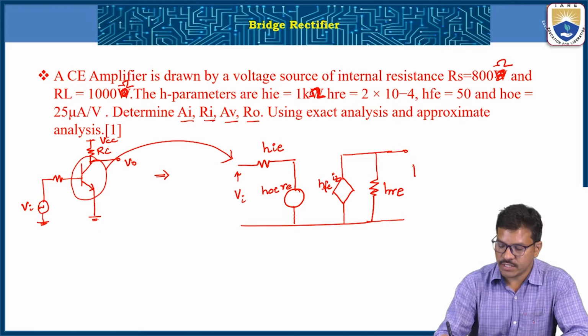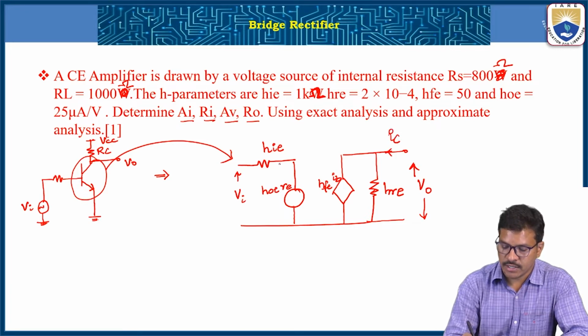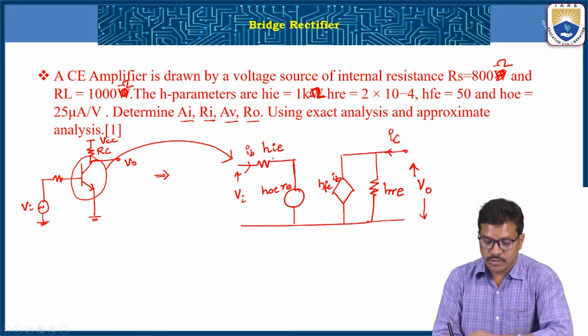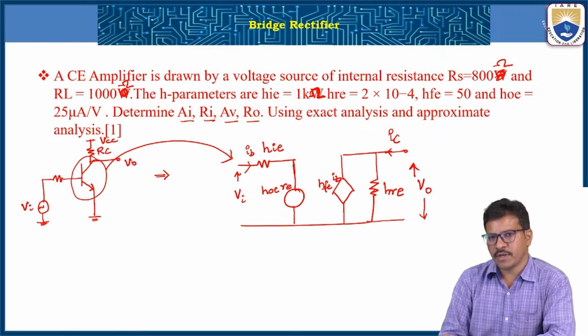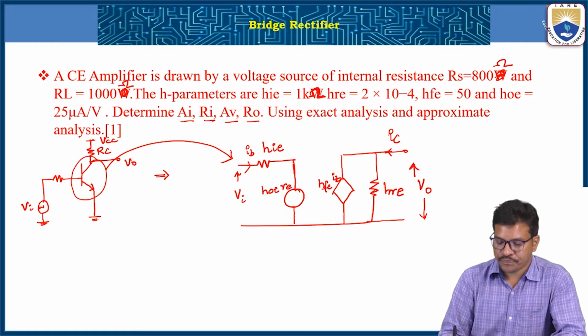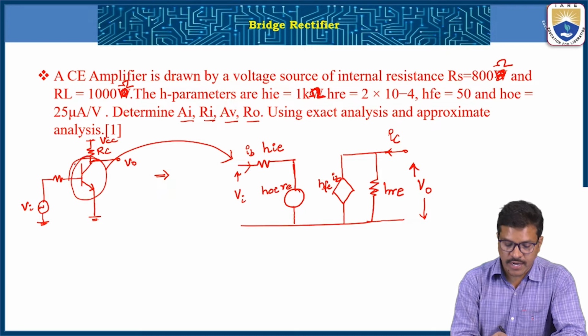So basically, this is the output voltage V2, this is the output current IC, and there is the input current IB. So this h-parameter model is only for the transistor.